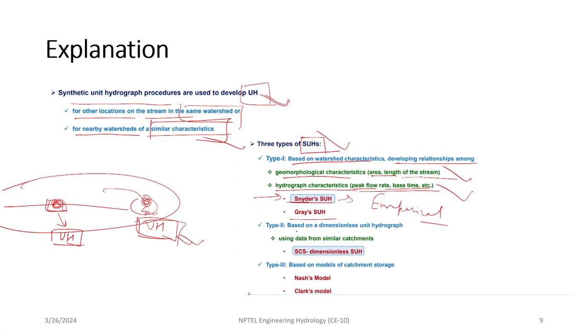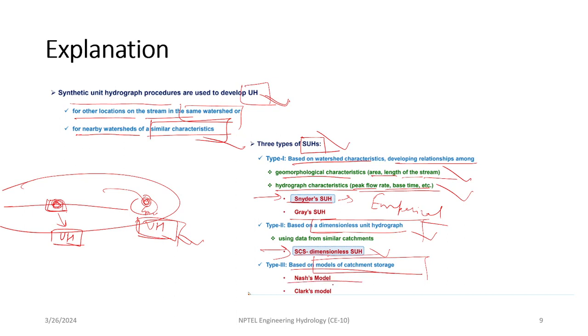Then if we are selecting a dimensionless unit hydrograph, using this particular method we can also get the unit hydrograph. And what is its method? The SCS dimensionless synthetic unit hydrograph method is there. Then another criterion for deriving the unit hydrograph is using models.